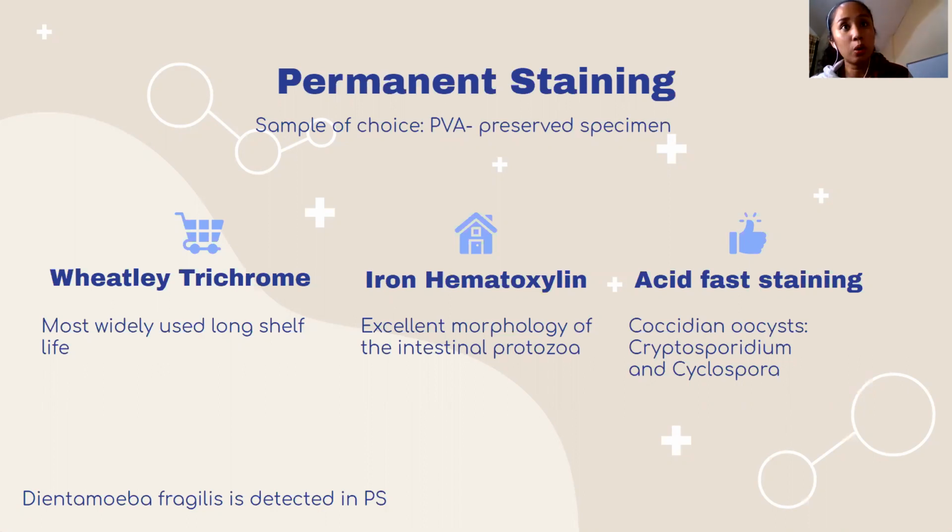So Wheatley's trichrome, it's the most common trichrome stain. Its advantage is long shelf life. Iron hematoxylin, excellent for morphology of intestinal protozoa. Hindi ko na ipapamemorize anong color ng background. Wag na. And acid fast staining, coccidia na naman. Class, coccidian oocyst. Okay.